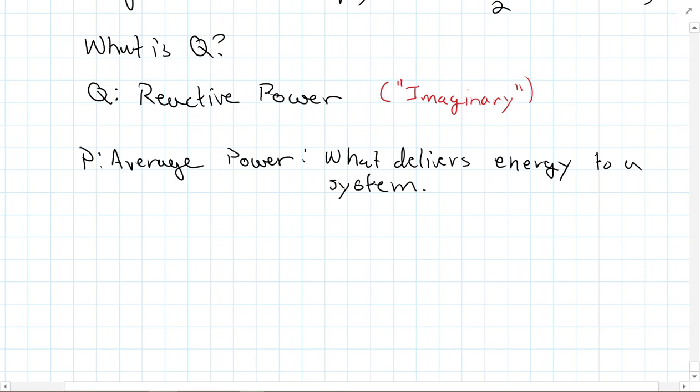So when you compute the average power, that's literally like the average power going to your lamps or to your power supplies or to your AC motor, whatever. So that's literally the power that's used to deliver energy to a system, to turn a crank. Sometimes people almost want to think of it as physical energy.